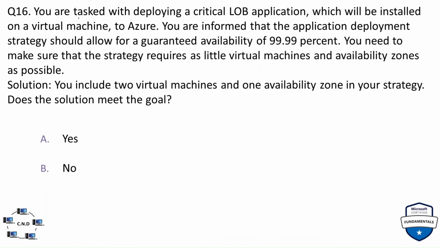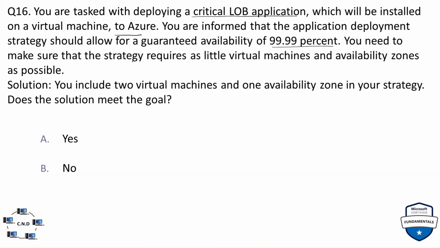Question number 16 is that you are tasked with deploying a critical LOB application which will be installed on a virtual machine to Azure. You are informed that the application deployment strategy should allow for a guaranteed availability of 99.99%.